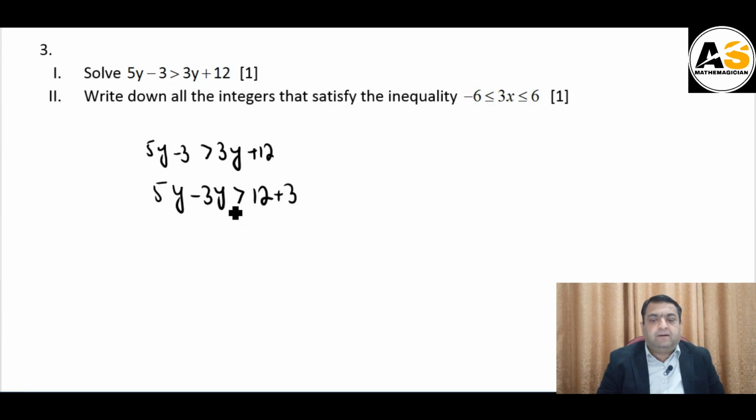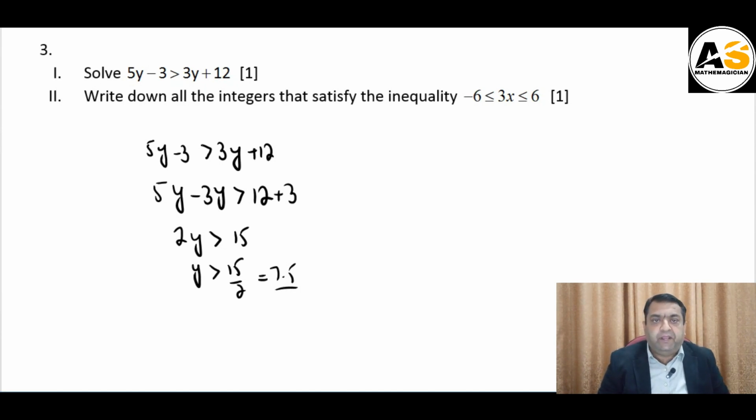I hope it is clear. 5y minus 3y is 2y. 2y is greater than 12 plus 3, 15. Implies y is greater than 15 over 2 or 7.5. Values of y are all numbers greater than 7.5 or 15 by 2. This was the solution of part 1.